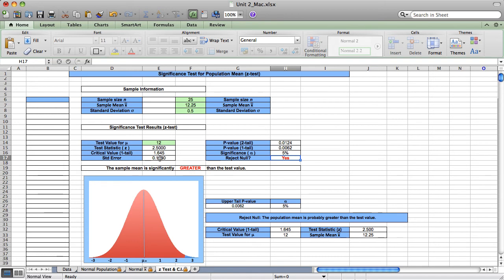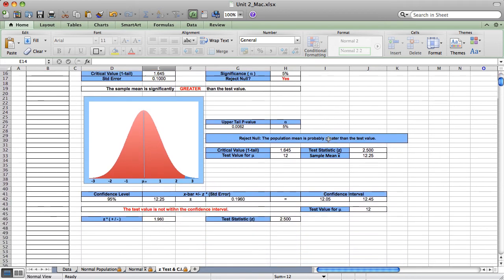So we're concluding that the sample mean is significantly greater than the test value of 12. In other words, the p-value is less than alpha, so we reject the null hypothesis that mu equals 12 ounces in favor of the two-tailed alternative, simply that mu is not equal to 12 ounces.